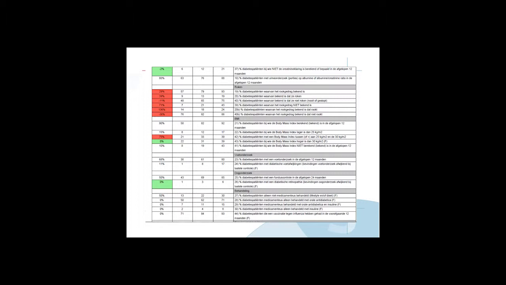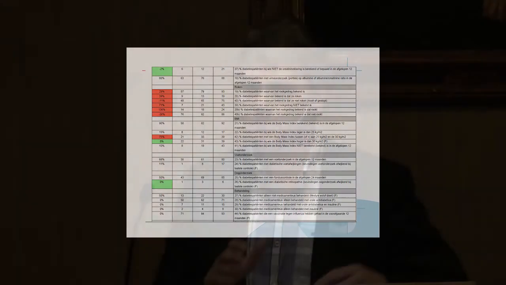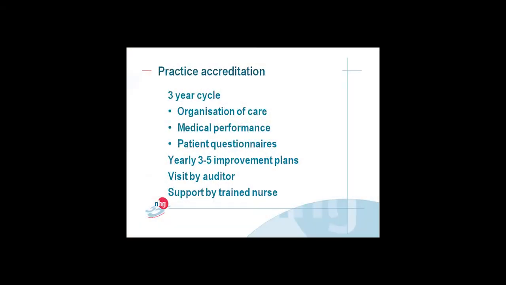Well, just in short about this practice accreditation, because I want to connect the data to what we do with it in the practice, and that is in our case through the practice accreditation. We have a 3-year cycle. We have included organization of care, medical performance, and patient questionnaires. Then we make 3 to 5 improvement plans in a practice.